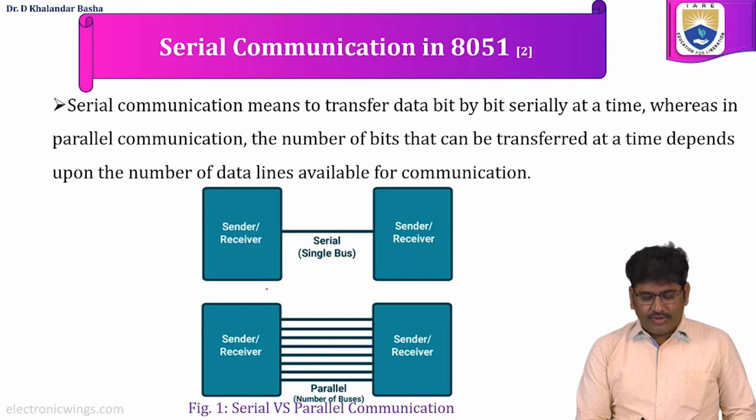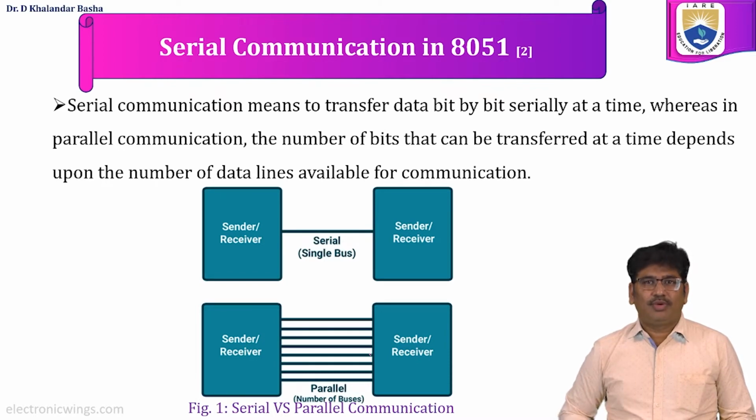In the diagram, the first one is serial communication, where from the sender to receiver, or again reverse back from the sender to receiver, the data can be transmitted serially bit by bit. Only one bus will be present between the transmitter and receiver. Whereas in parallel communication, multiple lines are present for data transfer. How many bits you are transferring, that many parallel lines should exist between the transmitter block and receiver block.